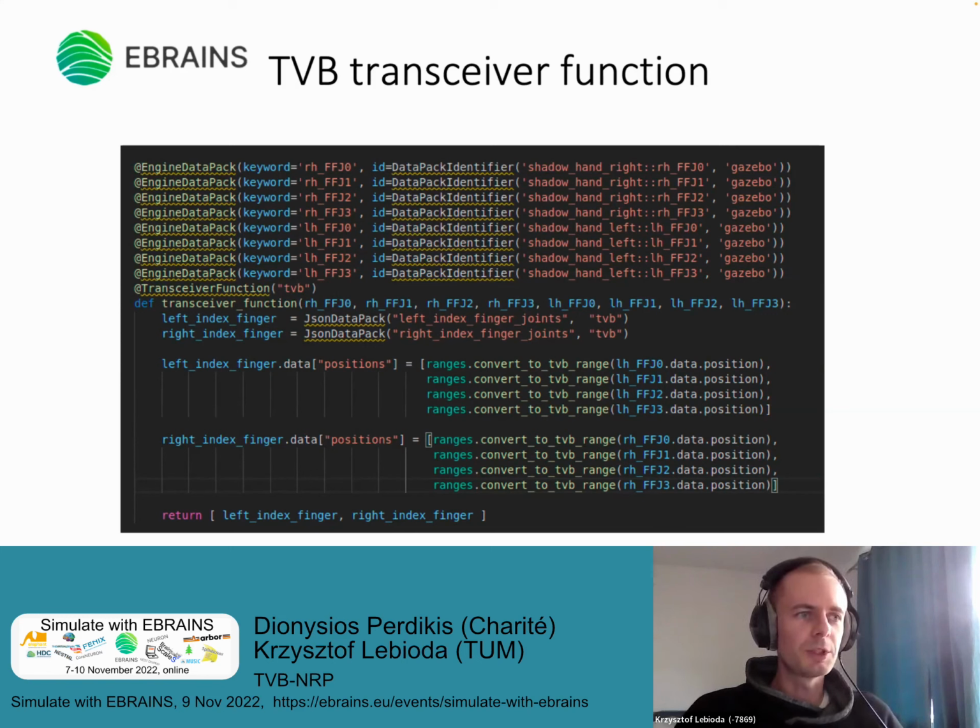These data packs will be sent to the TVB engine, and they will be accessible by the TVB engine. We also do some range conversion of the positions so that the TVB sensor region can understand them immediately.